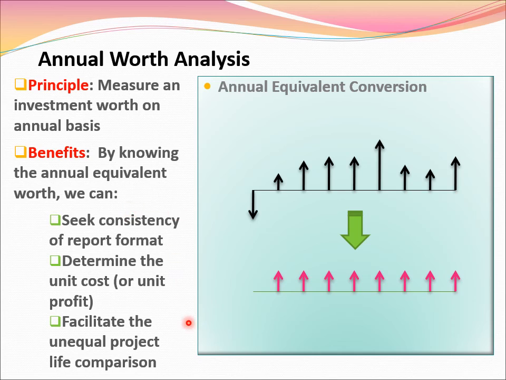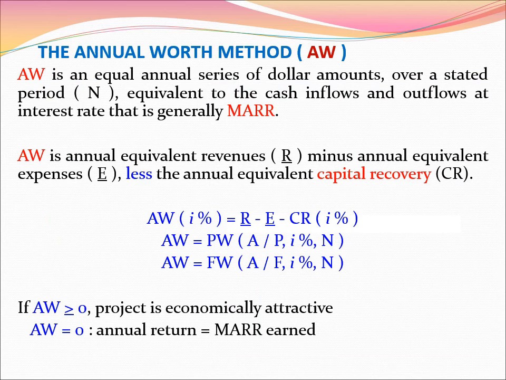In the previous lecture, I told you that this annual worth analysis has some benefits other than the present worth and future worth analysis. But the thing is, it gives exactly the same solution as the present worth and future worth analysis. We find the annual worth of a given cash flow for the whole project lifetime, which is N, by using MARR as the interest rate.